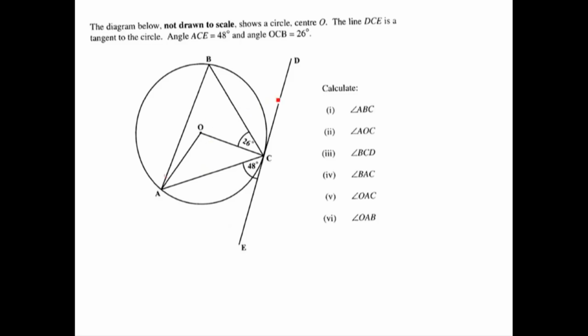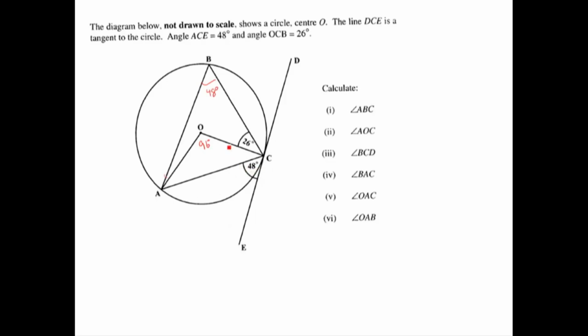We said this angle over here is 48 degrees. This one here is going to be 96 degrees. It's 48 degrees because the angle between the tangent and the chord is 48, and so the angle in the alternate segment is 48 degrees.